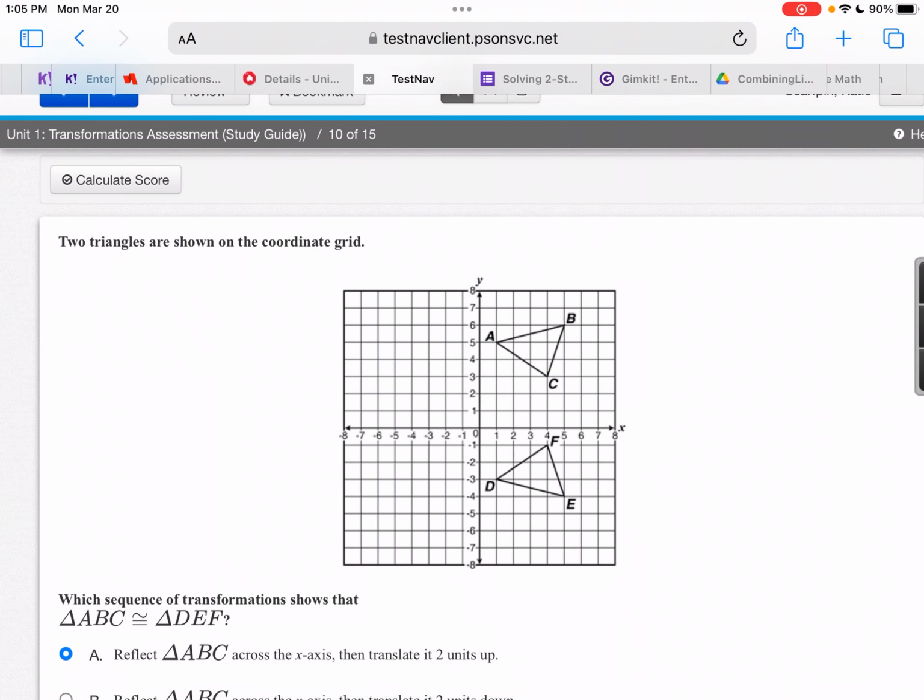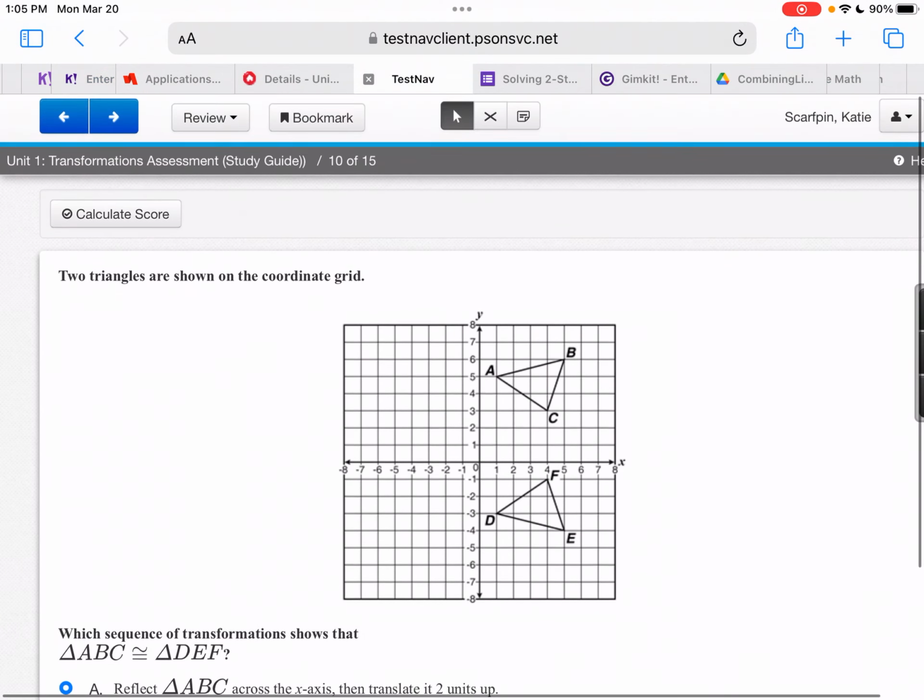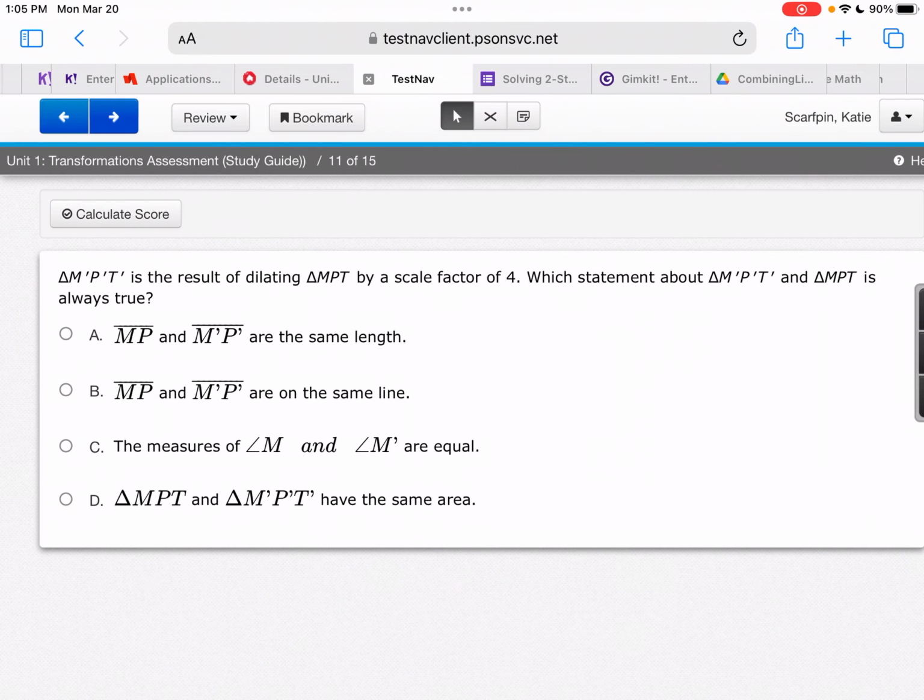All right, this one also was confusing for a lot of you. If I'm dilating a triangle by a scale factor of 4, I have to think about what's going to change. The line segments are not going to be the same length, right? Because I'm multiplying them all by 4.